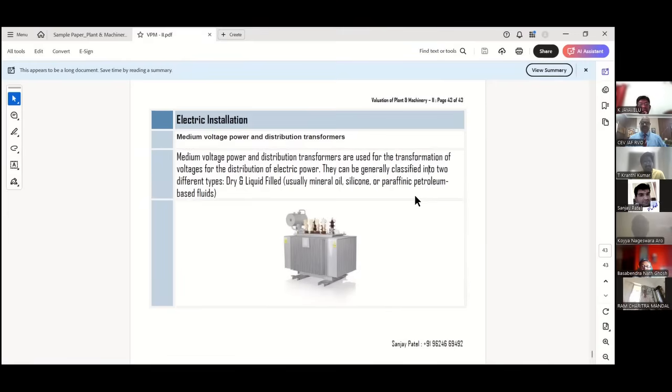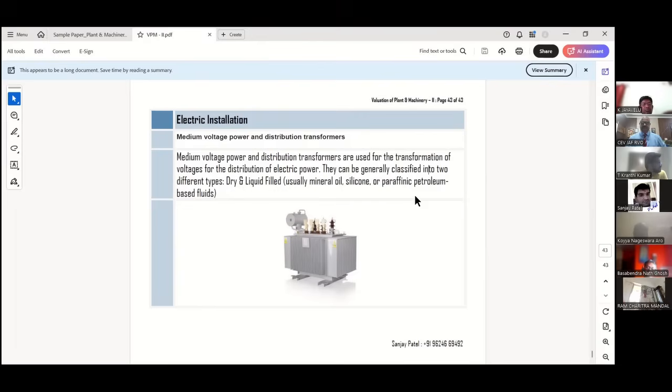Then transformer. Type of transformer में anyone? Dry type, oil type. Okay, dry type, oil type. Okay. Mainly transformers are classified as power transformer, distribution transformer.